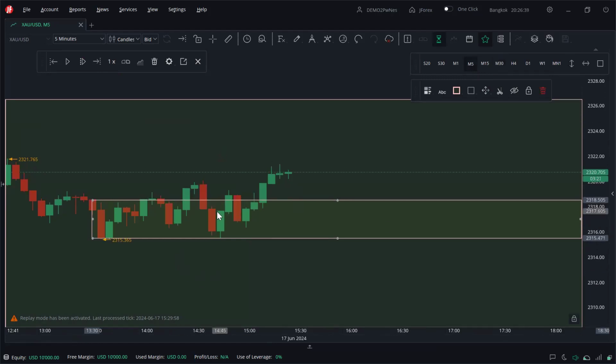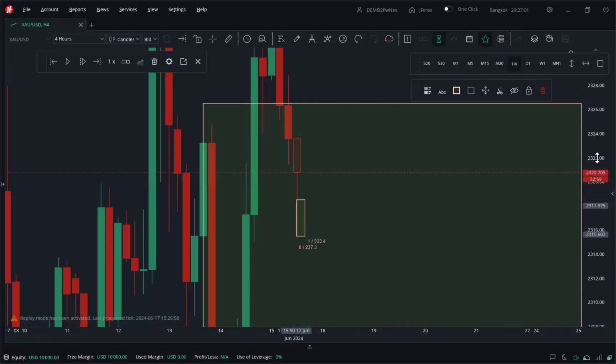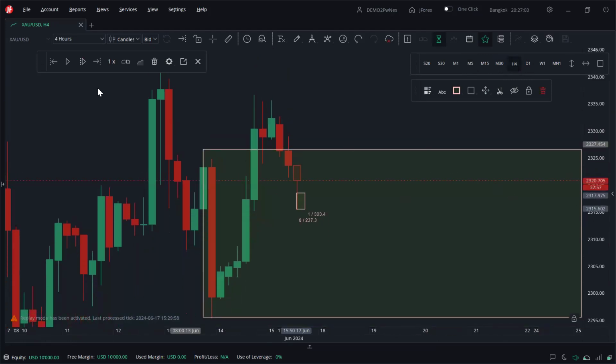And then it created this EG in M5, and we could have bought somewhere here. But the best would be if you have patience and wait till a new H4 gets created. But that can take some time.